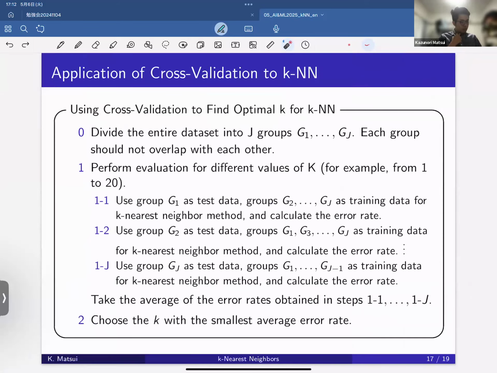When applying cross validation to the k-nearest neighbors method, we first divide the entire dataset into J groups and perform cross validation with different values of k. We select the k that gives the smallest average error rate.